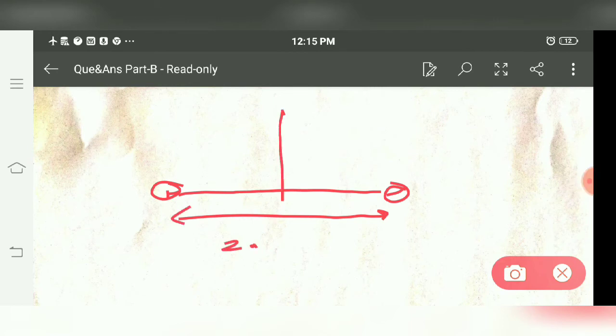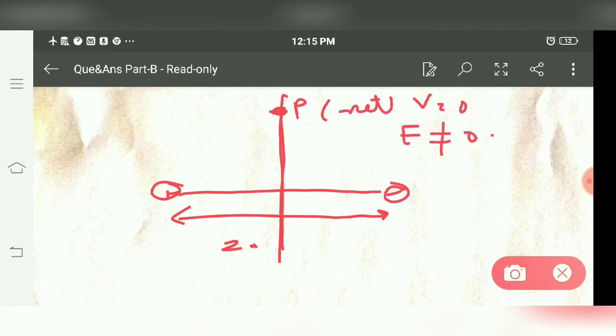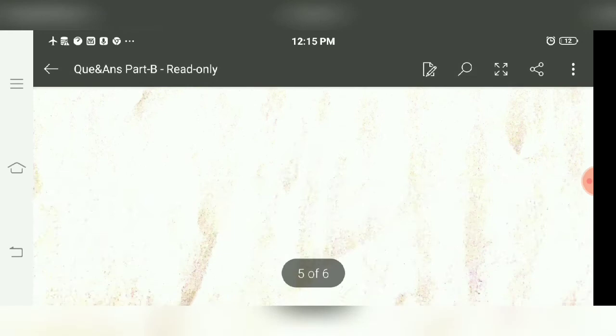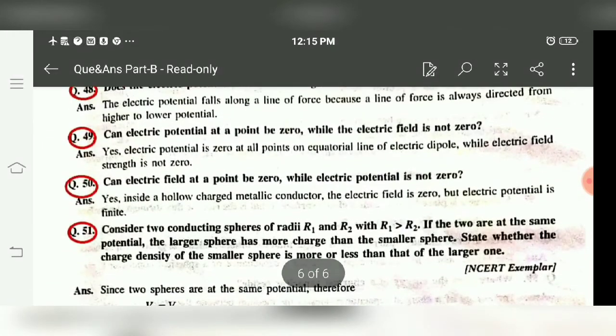If we take a point on the equatorial plane, here net potential is 0, but E is not equal to 0. So at every point on this plane, V is 0 but E is not 0. So it's possible that E is not 0 but V can be 0.